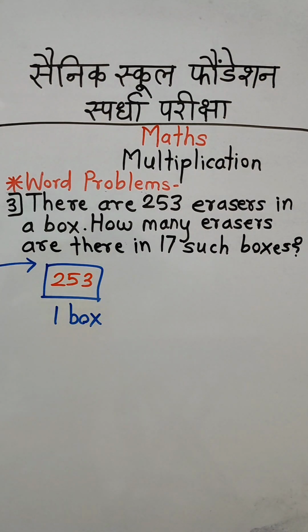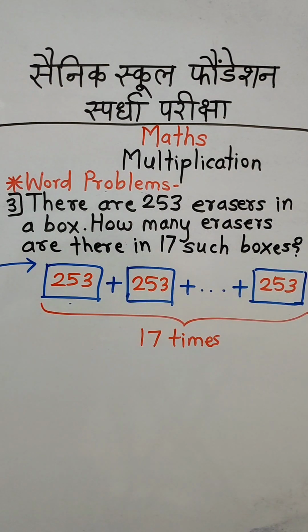That means here 2 boxes will have 253 plus 253 erasers, and 17 such boxes, we have to do repeated addition of 253 here 17 times. That means here we are adding the same number 253 17 times.